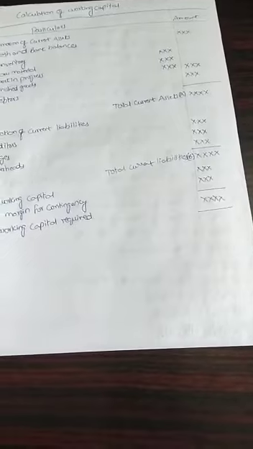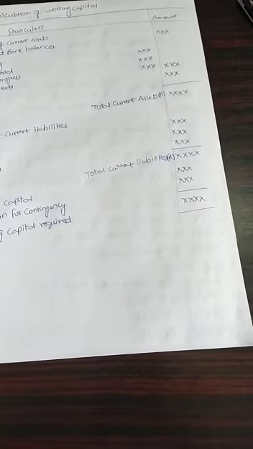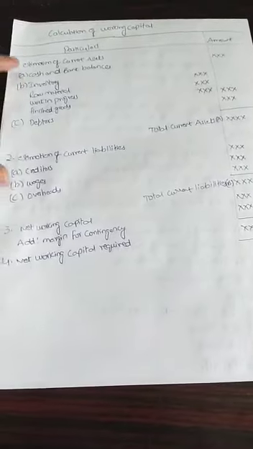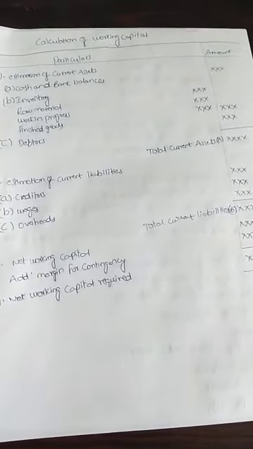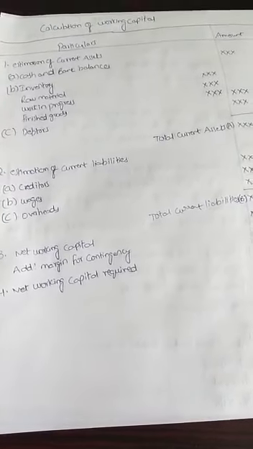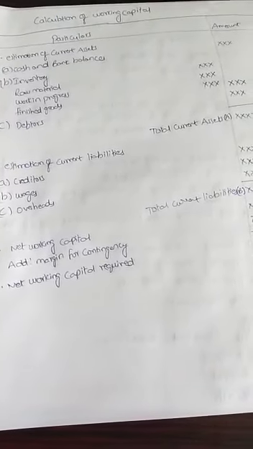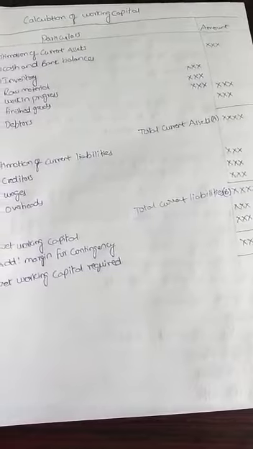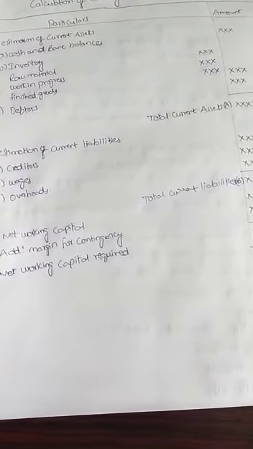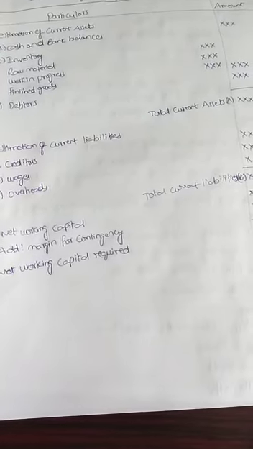And now, make a note of pro forma here for calculation of working capital. You will be having the estimation of current assets first. So as you all know that current assets includes cash and bank balance, inventory and debtors. You might be having the cash balance or you might be having the bank balance. It is one of the components of your current asset.